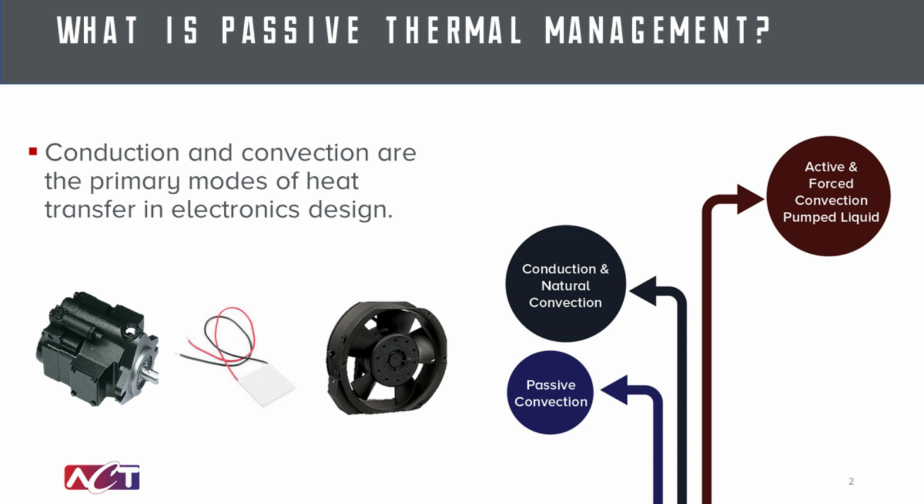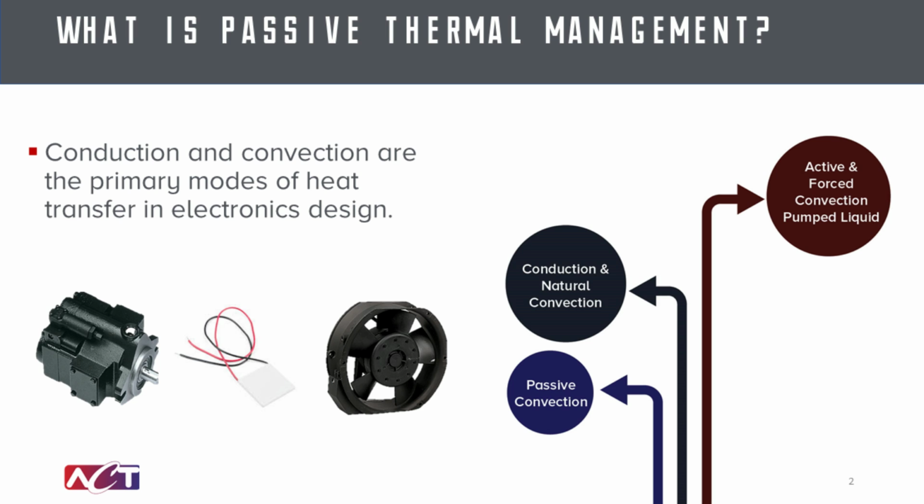Before we begin, I'd like to talk first about what is passive thermal management. When we talk about passive thermal management, we're talking about systems in which no additional energy input is required into the system in order to move, transfer, and dissipate your thermal loads. Typically, this involves natural convection off of heatsink assemblies and/or conduction through base metals.